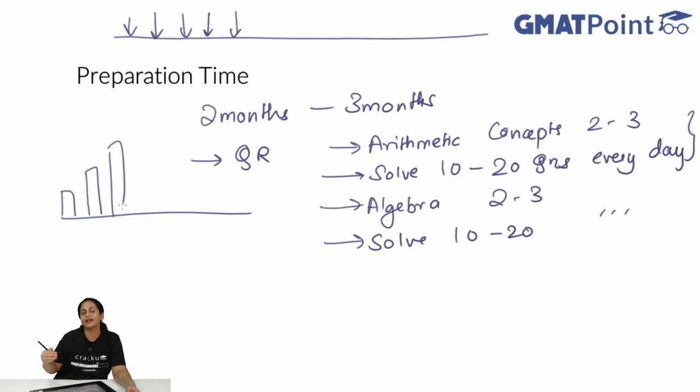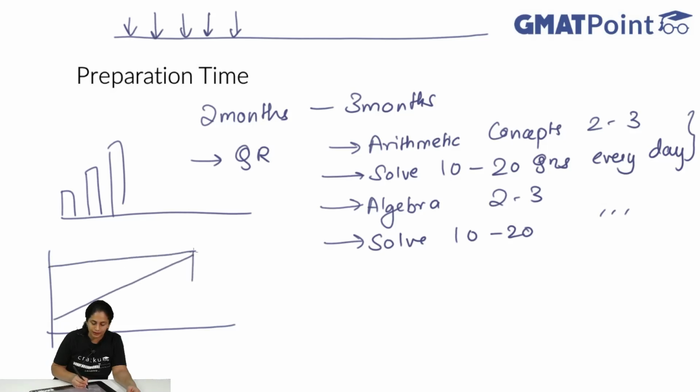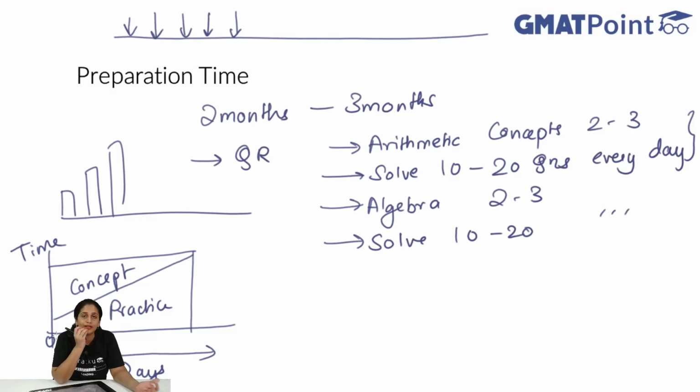Once you start adding it up, by the end of it, the time spent learning new concepts versus practicing will be like this. This is time for practice, this is for conceptual learning, and this is time as such, and these are the days as they go past. Initially, on day 0, you will be spending a lot of time learning concepts and very little time solving questions.